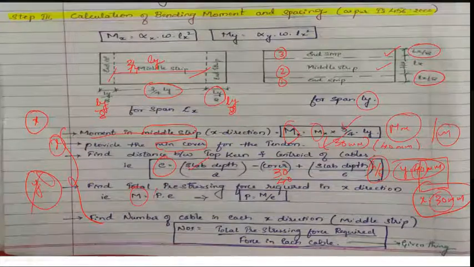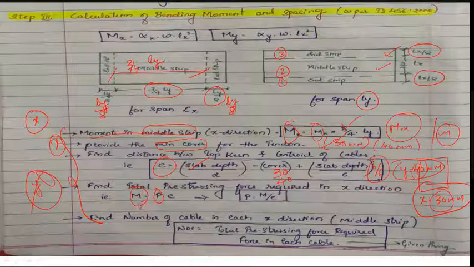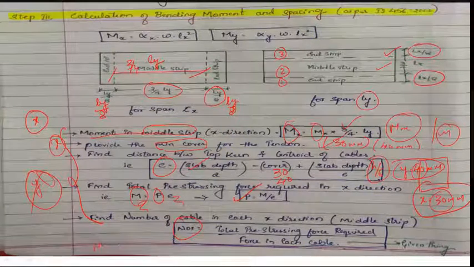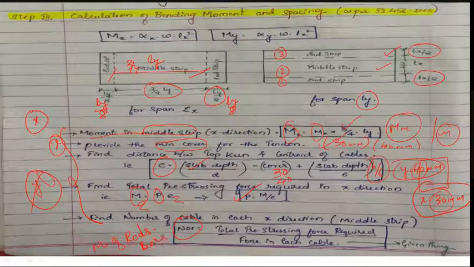We need to determine the prestressing force, and we know that M equals P into e, force into perpendicular distance. We know the value of M, we know the value of e, so we can directly find the value of P. The next thing, we have to determine the number of cables. The same thing we have done for the RCC, that is number of rods or bars, whatever.